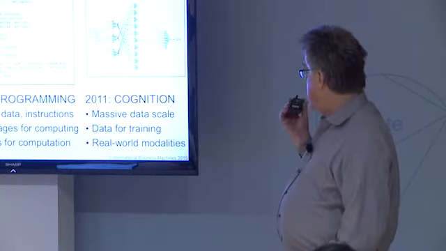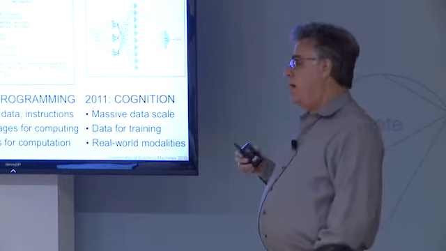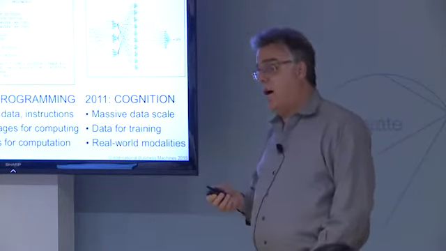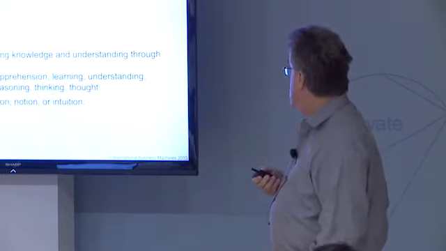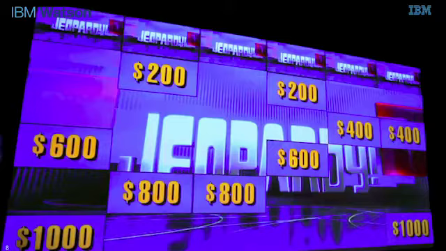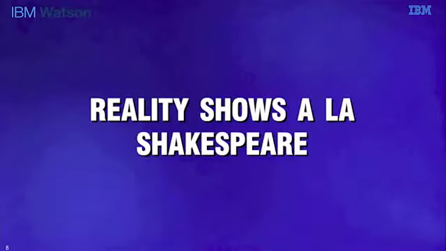And you deal with scale, and you deal with real-world modalities, speech, unstructured text, audio, whatever they might be. So the reason we call these cognitive systems, it's a pretty good description of what they do, acquiring knowledge and understanding through thought, experience, and senses. And these systems learn over time. So this system began its life in 2011.